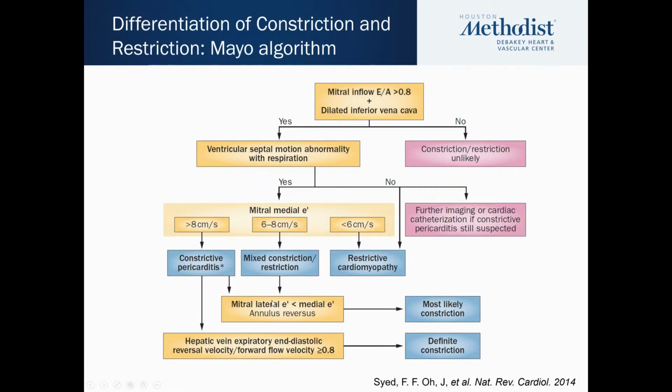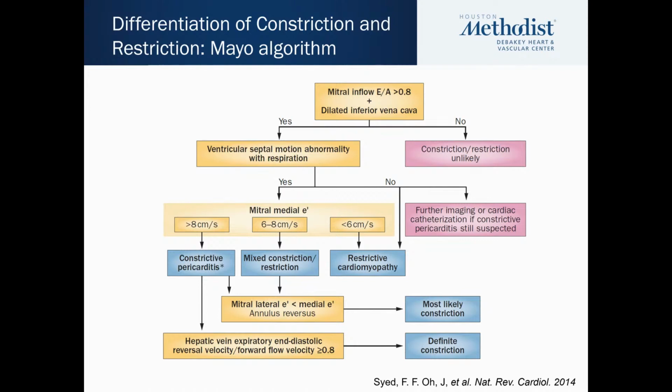Now, you could theoretically have those two scenarios occur in patients without constriction, particularly patients with COPD or the young patient with asthma that's coming in with an exacerbation. They'll also have wide swings in their pleural pressures and a change in their E prime, in their E waves, as they're breathing in and out very rapidly.